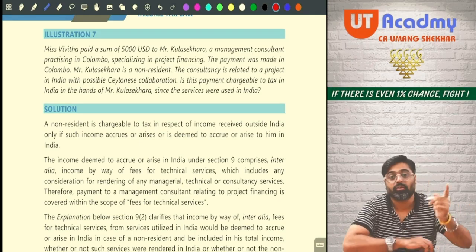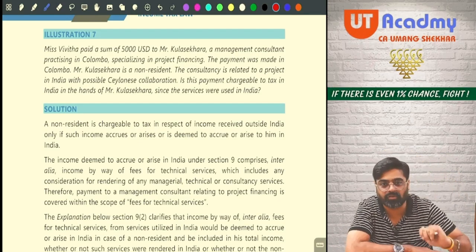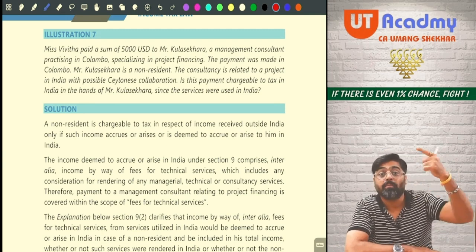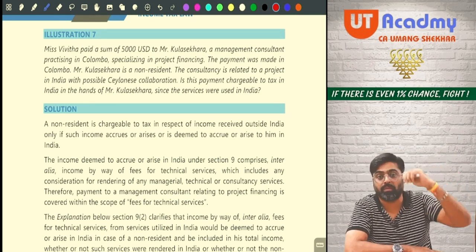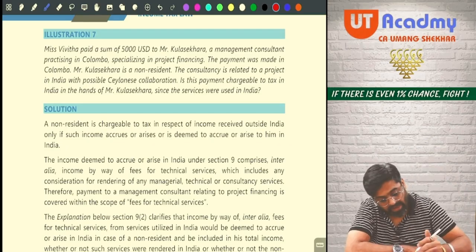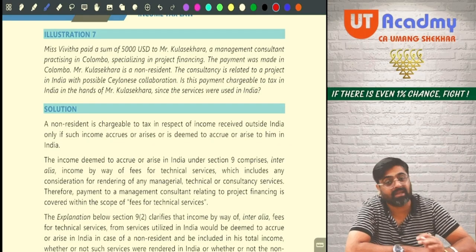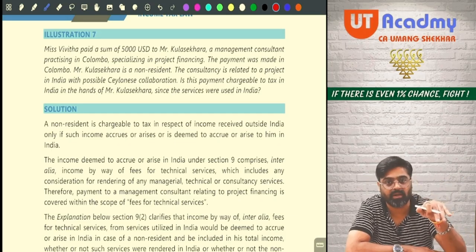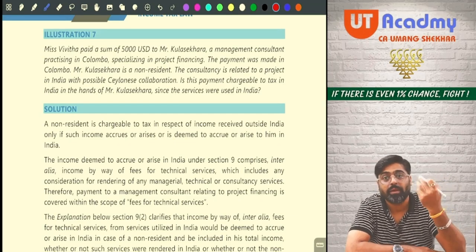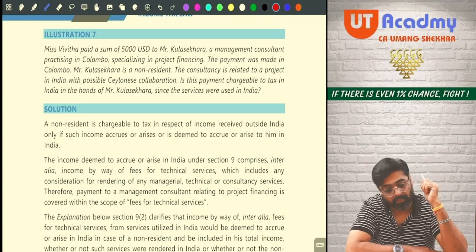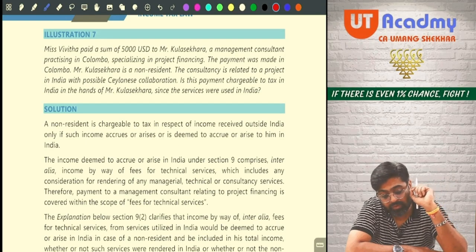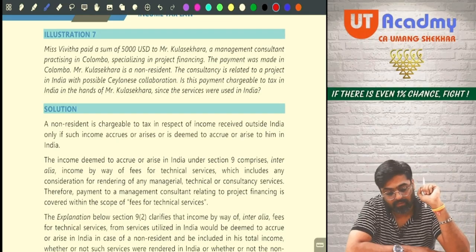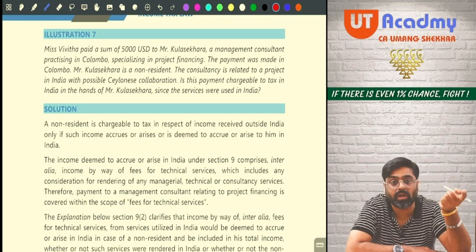So in Sri Lanka, Colombo is there. Mr. Kulshekara is a management consultant from Colombo, and his specialization is project financing. Now, Miss Vivita is paying him $5,000. The payment was made in Colombo.